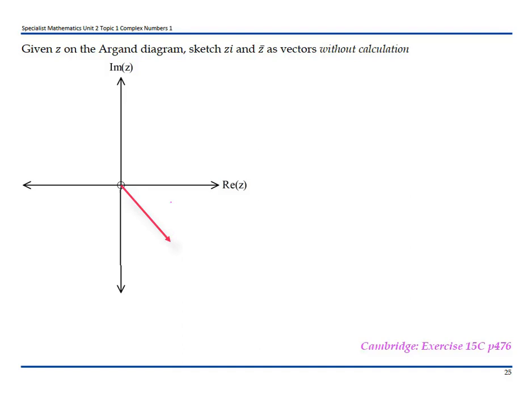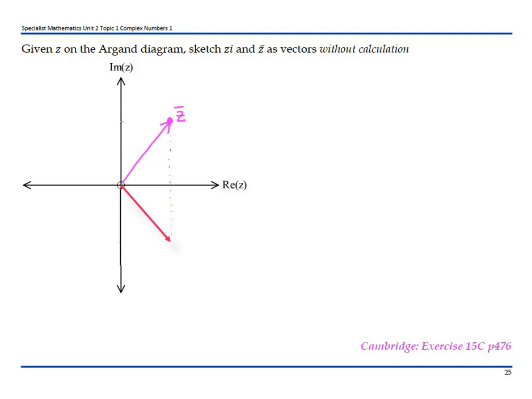Conjugate is the reflection, so I have to do a dotted line up, and I have to try and get this y distance the same, so it's about there. So that would be my conjugate.